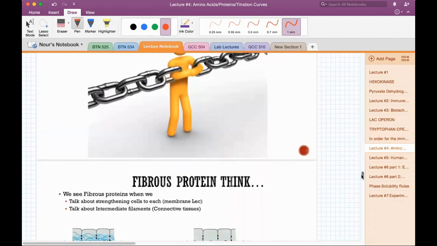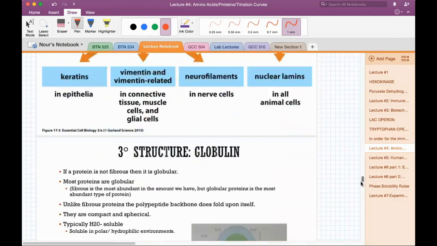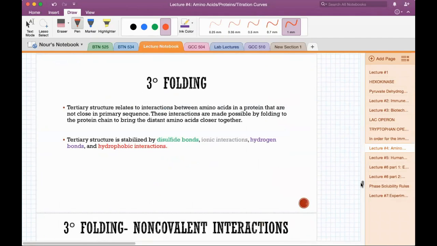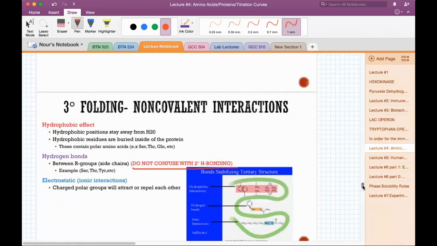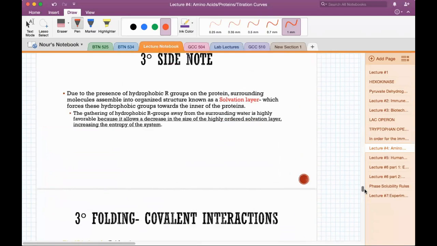Fibrous proteins, stuff you generally know. Hydrophobic interactions are another example of this. Hydrophobic, electrostatic, ionic, hydrogen bonds. Don't confuse them with the secondary structure. That's really important.